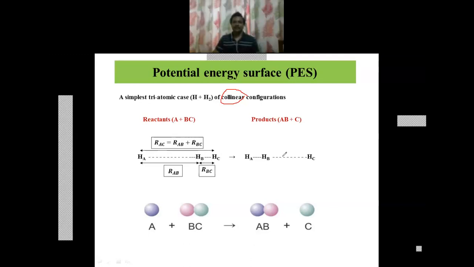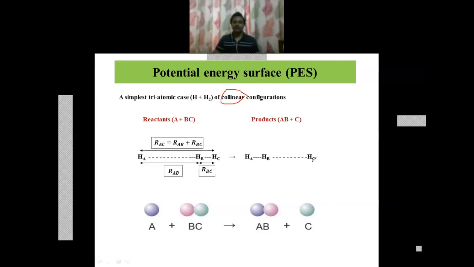Now the products, what I am getting when A comes closer to B, and then this BC bond gets elongated, and then finally it breaks. Then finally the products what we get is, again I get H2, but this is now AB plus hydrogen atom C. So this is product.